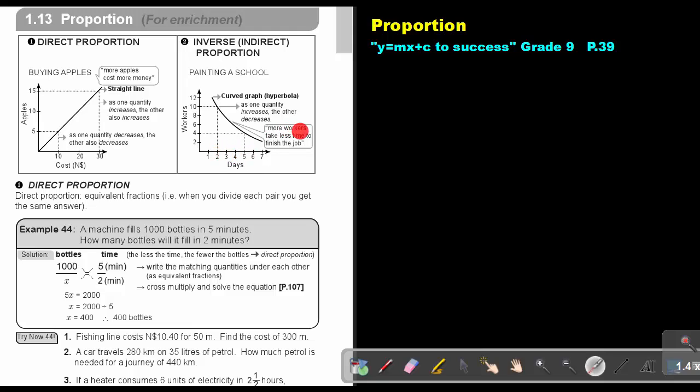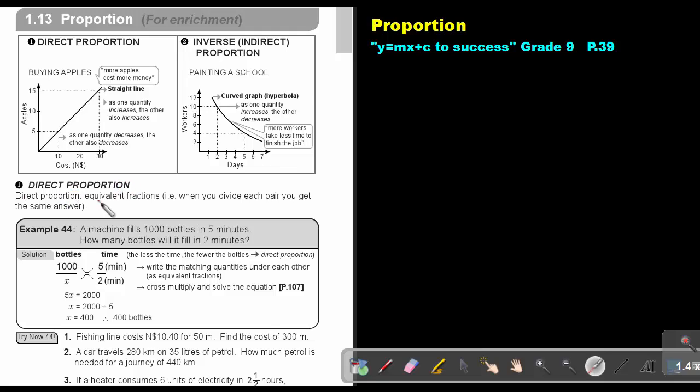So more workers take less time to finish the job, but fewer workers take more time to finish the job. So as one quantity increases, the other quantity decreases. Or if this one increases, then this one decreases. They make opposite movements.